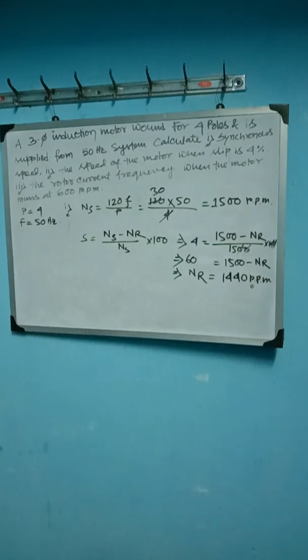Now the third problem: the rotor current frequency when the motor runs at 600 RPM.